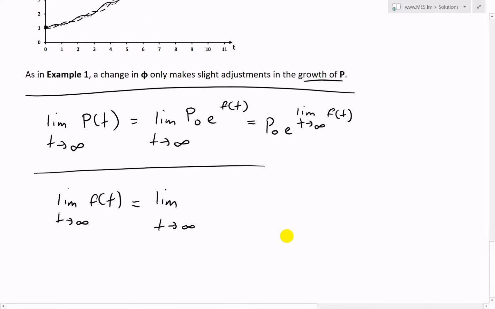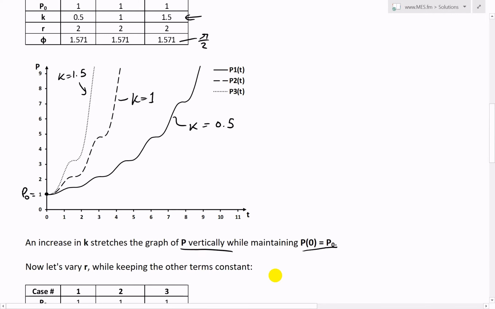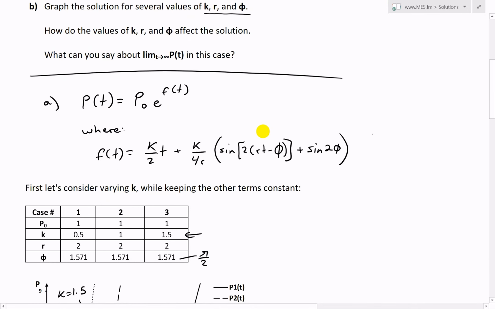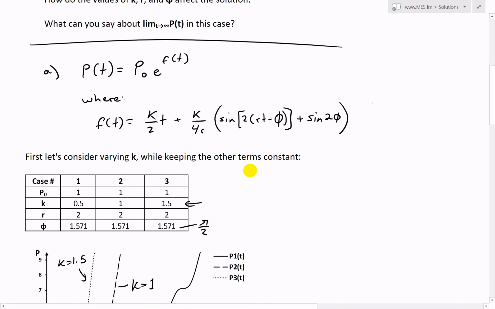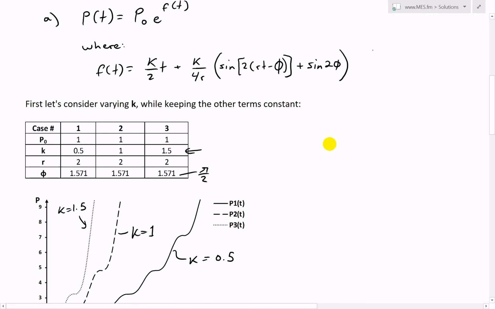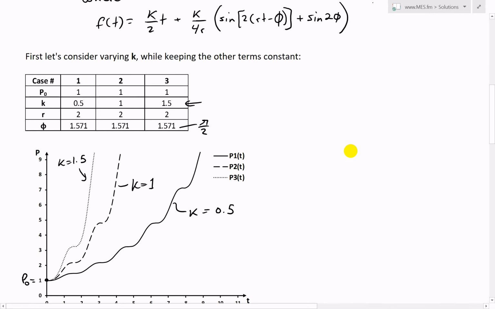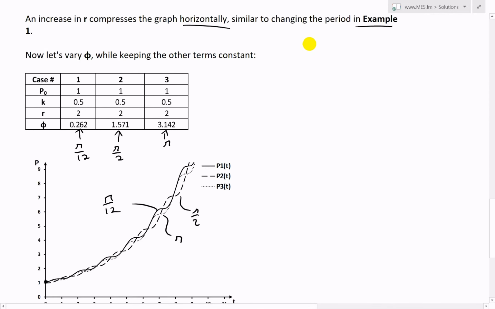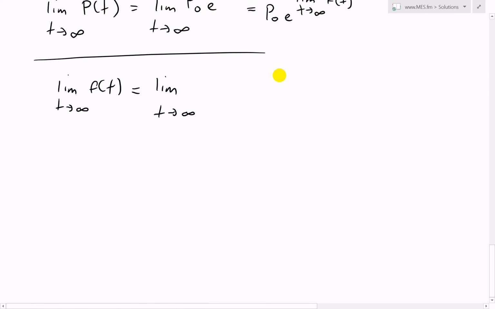Now we can just plug in our value for f of t from example 2 part A: we have k over 2t, then k over 4r, sine of 2rt minus phi plus sine of 2 phi. So it's just a giant expression like that. Let's write that down.